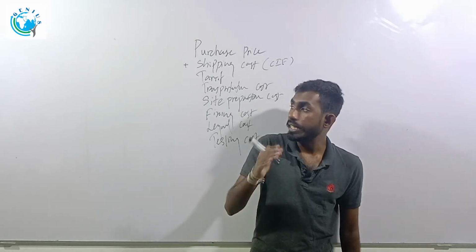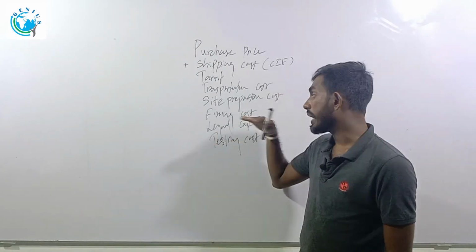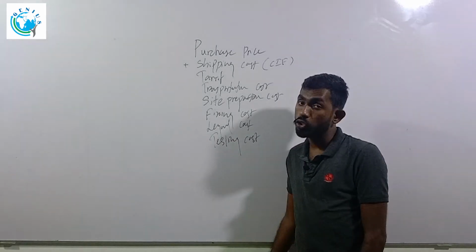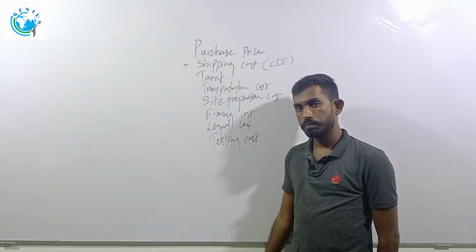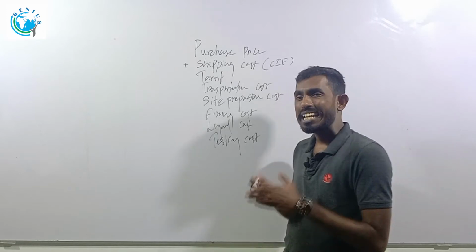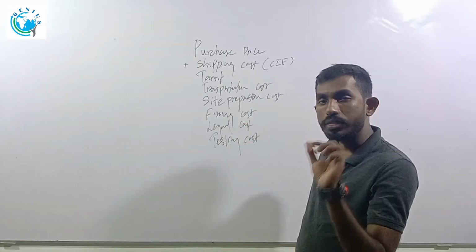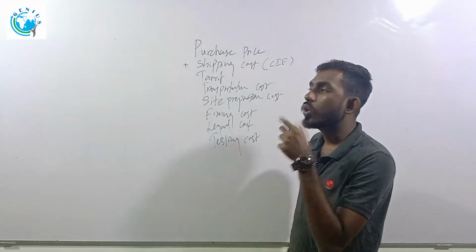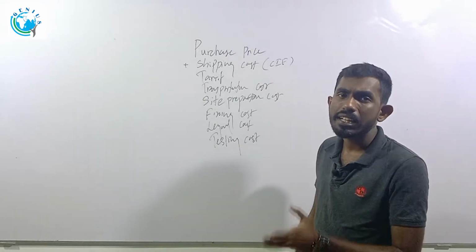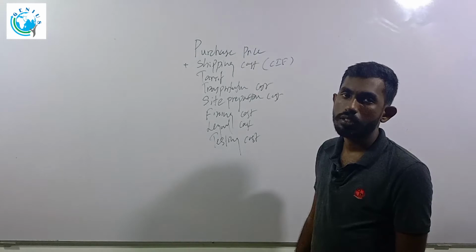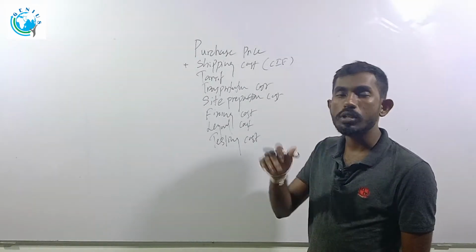Are you going to include the cost of the opening ceremony in the cost of the building? No. Why? You can easily use the building without incurring that cost for the opening ceremony. It's an additional cost, right? So such items you are not going to include.